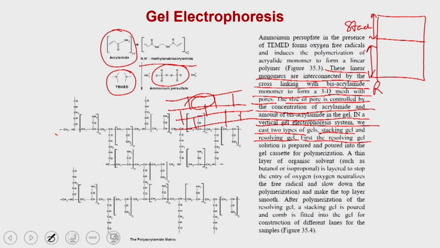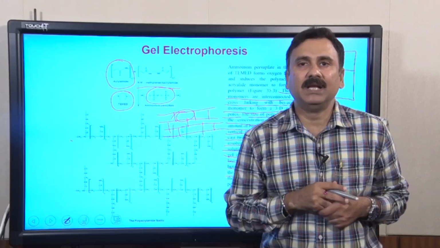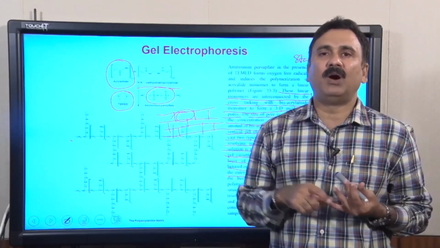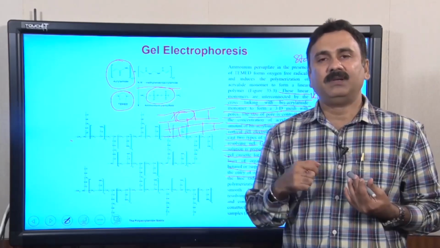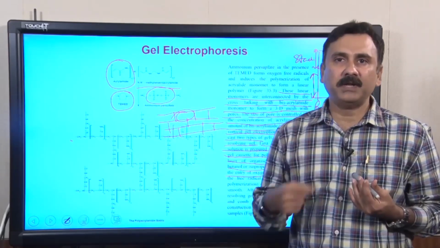First, the resolving gel solution is prepared and poured into the gel cassette for polymerization. A thin layer of organic solvent such as butanol or isopropanol is layered to stop the entry of oxygen. So, when you polymerize the resolving gel, you overlay a small amount of butanol or isopropanol.